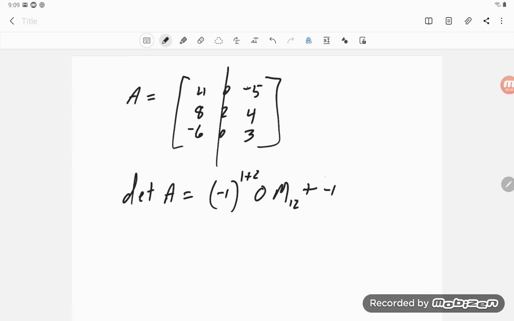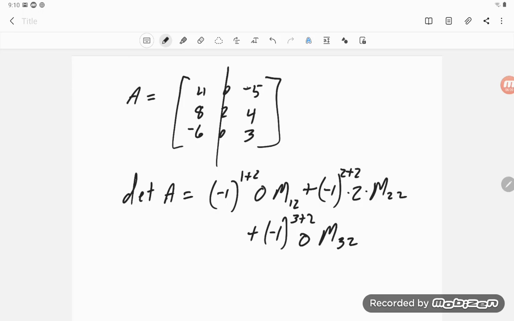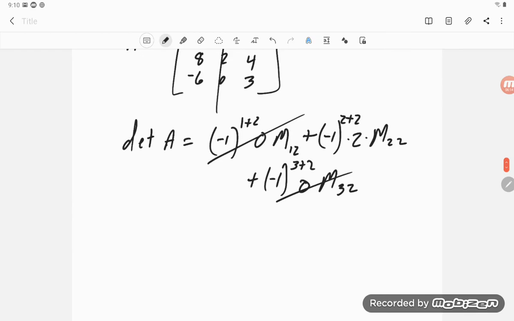plus -1 to the 2 plus 2, because I'm in row 2, column 2, times 2, and then times that minor of 2, 2, and plus -1 to the 3 plus 2 times 0, times the minor 3, 2. And so once again, because those are zeros, that's quick and easy to calculate.